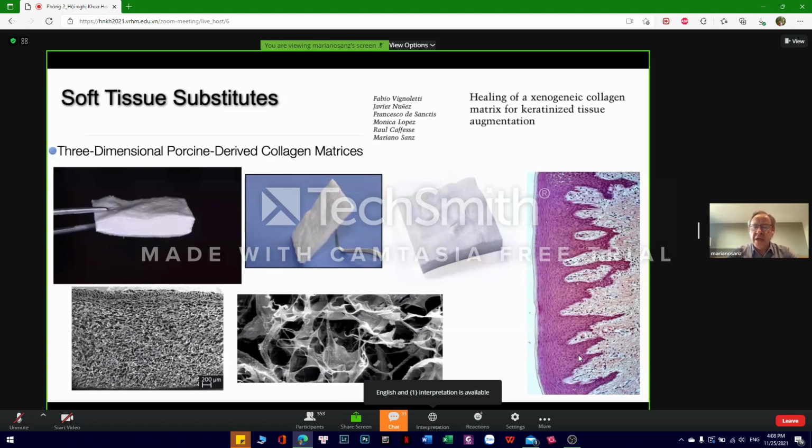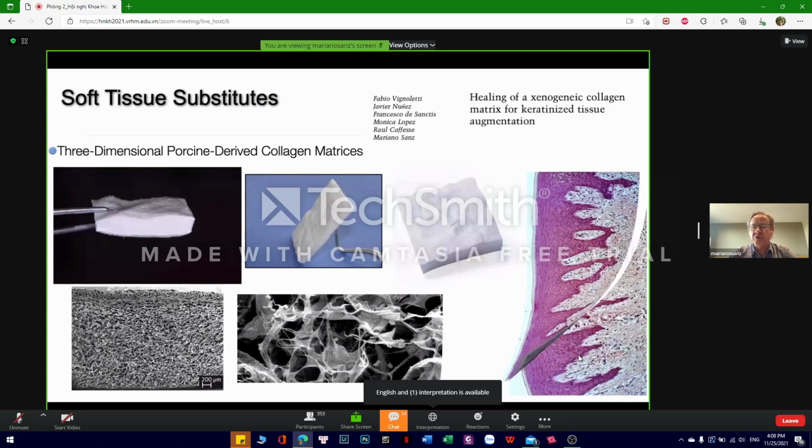You see, the method of action of these collagen matrices is that they provide a scaffold of highly porous connective tissue that allows the ingrowth of connective tissue from the surrounding inside the matrix, and with time the matrix will bioabsorb, and the connective tissue with capacity of keratinization will occupy the space and develop keratinized mucosa.